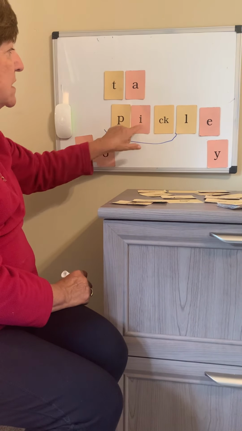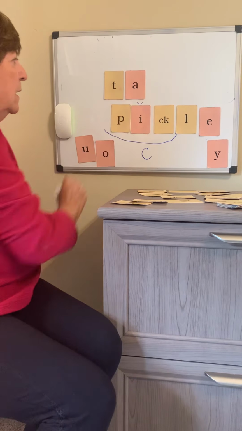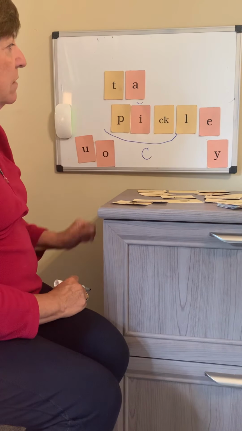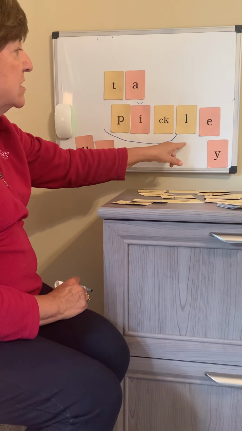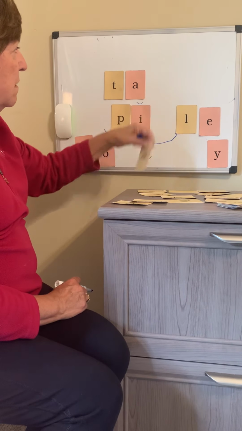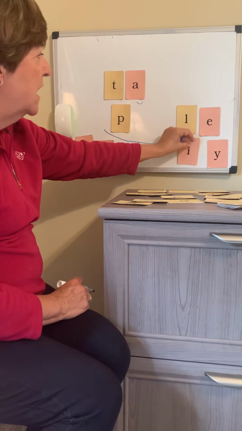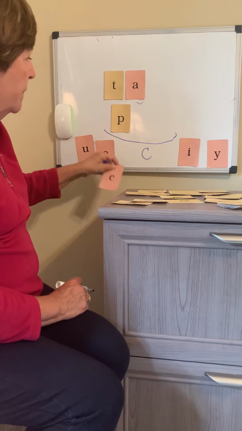So I'm going to keep it in this syllable to close the door. Pickle. And so in this case, it isn't even a consonant LE, it's just an LE syllable. All right, that's a little tricky. That's kind of the tricky thing with the CK.